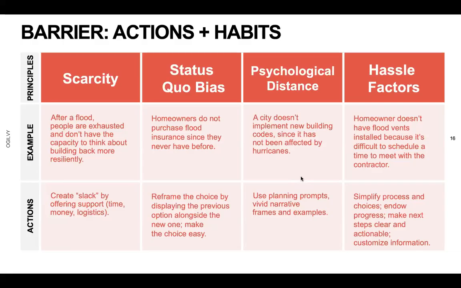Stories and case studies from other communities, especially similar communities, can be a very powerful tool here. You can share examples of a community that also thought it might be spared from a hurricane that actually was hit. And importantly, you can pair this with resilient strategies this community has taken to subsequently make itself more resilient.